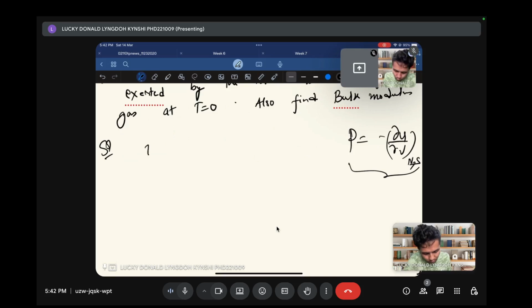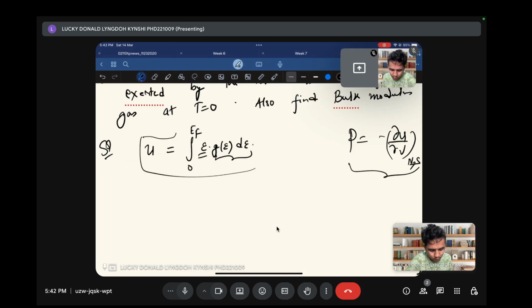So now you know the energy. I'll give you the formula: U is the integral from 0 up to EF, which is the Fermi energy, of E g(E) dE. If you want to find the total energy, you have to know the density of states, multiply with E, from 0 to EF. That means you integrate all the possible states up to EF. Then you get your total energy.